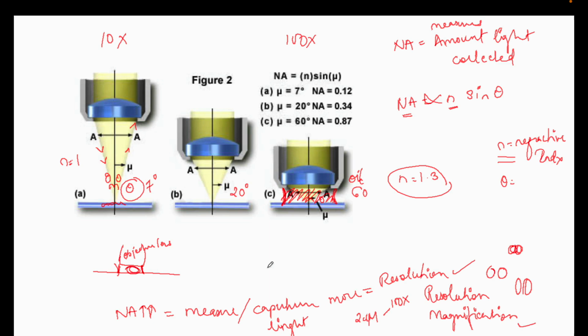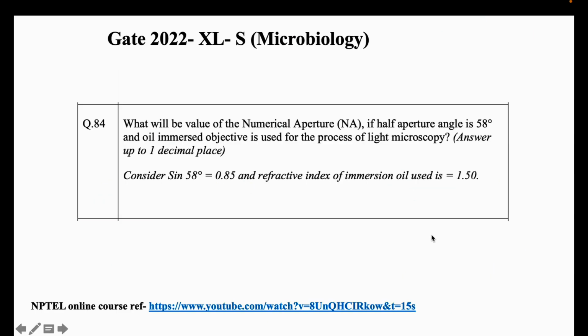The denser the oil, the more refractive index. We have very dense oil and very thin oil, so the density of oil also matters. If it is a high dense oil, then there will be more refractive index. Coming back to the question, the immersion oil is used, so the refractive index now we have is 1.5.